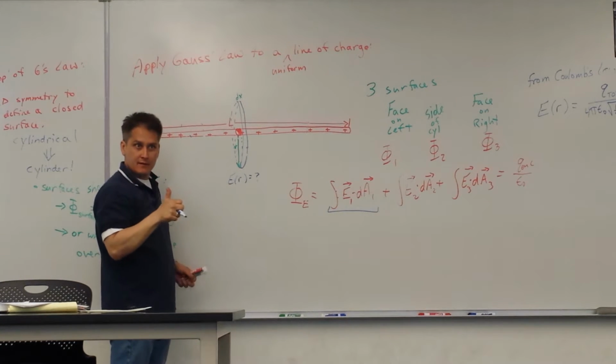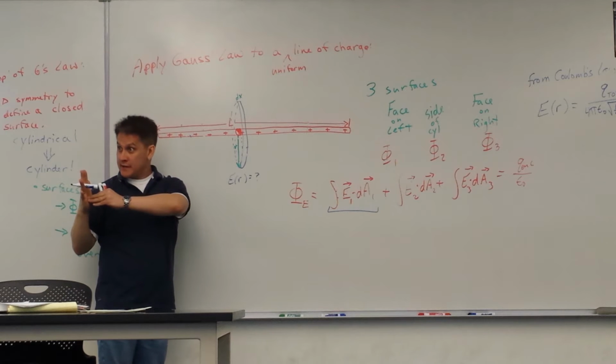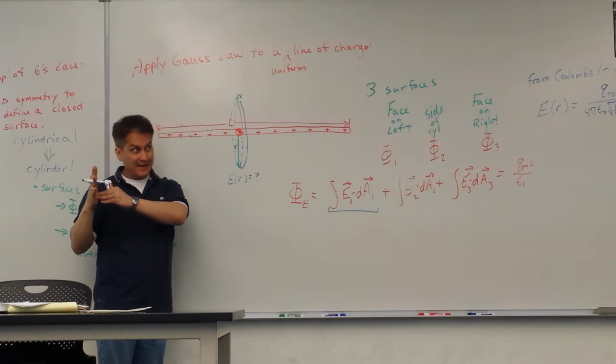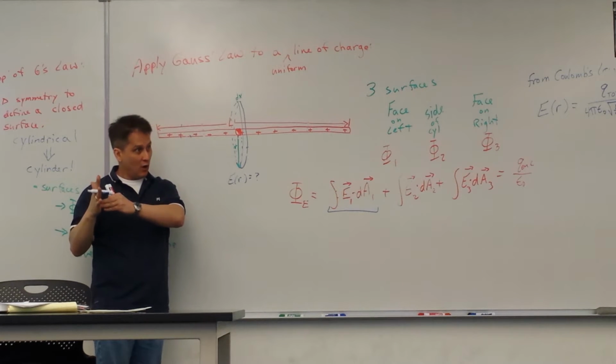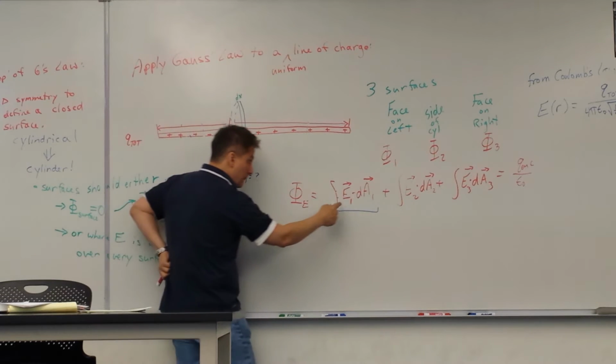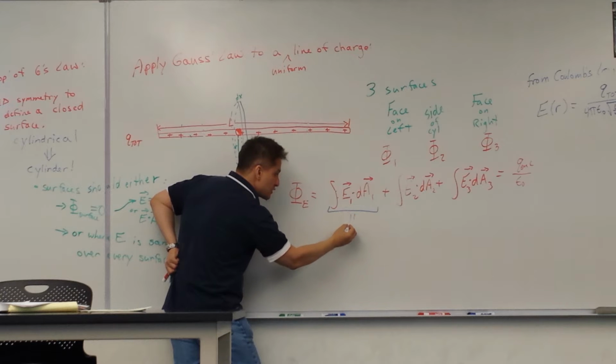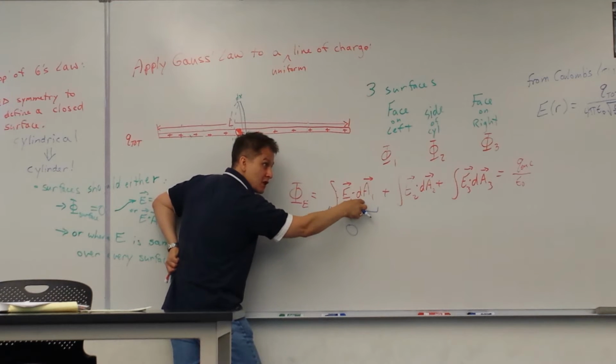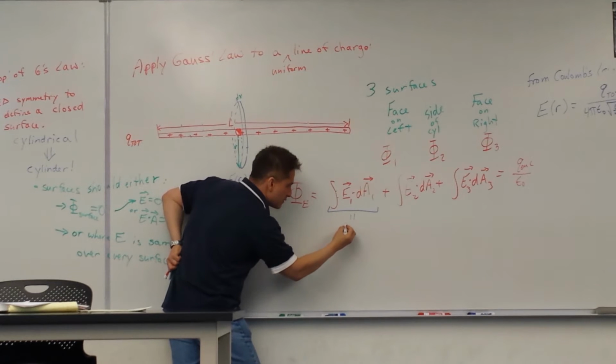But the angle of orientation between E and dA is always 90 degrees. So this reduces to 0 because of the dot product of these two. E is a function of R.